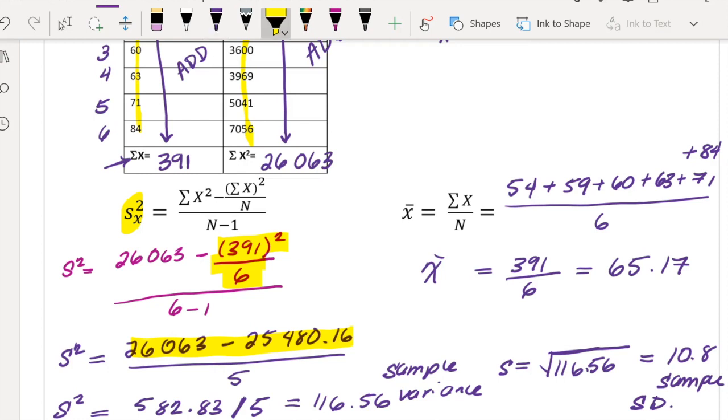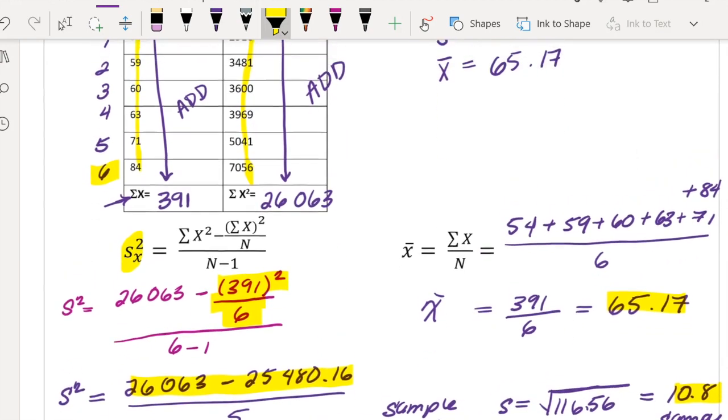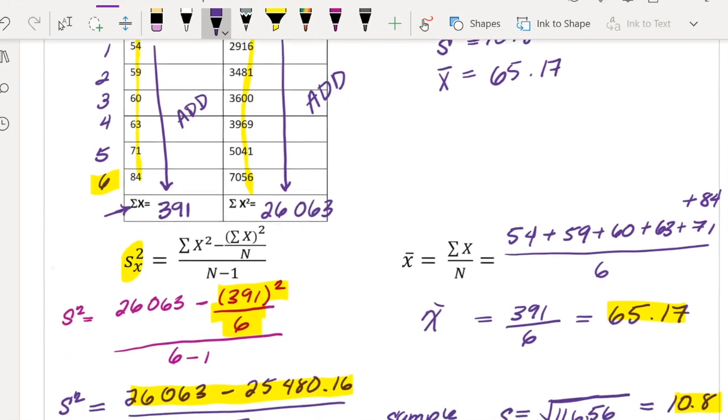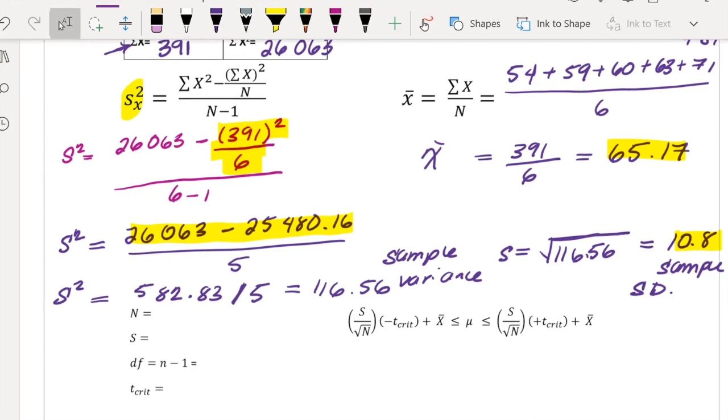So I need this number, I need this number, and I need this number, the 6. S is 10.8. There you go. So I have to write them here again.